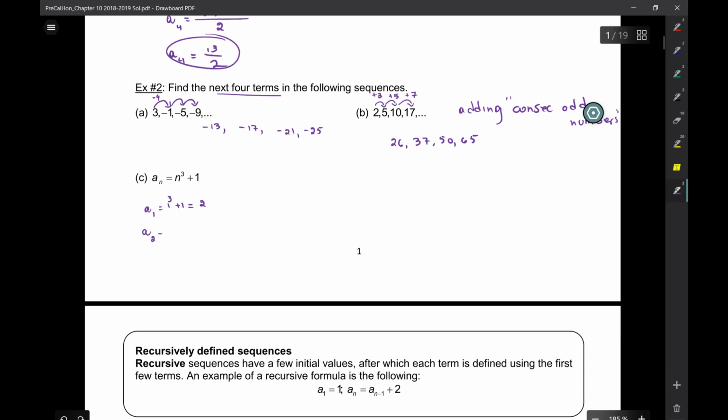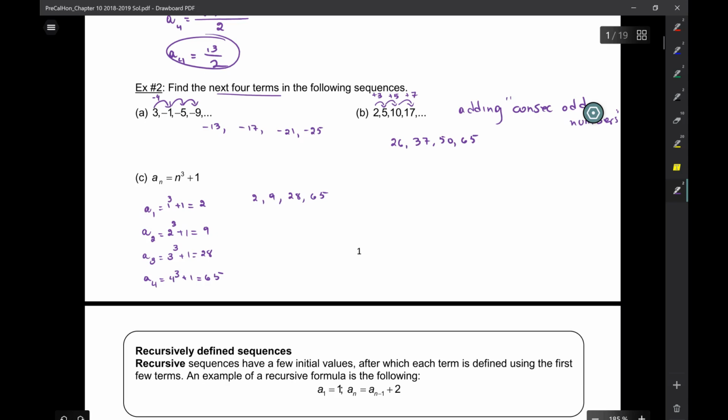A sub 2, now n is 2, I plug 2 in, and I get 9. A sub 3, now n is 3, so 3 cubed plus 1. And then 4 cubed plus 1 is 65. So the next 4 terms are 2, 9, 28, 65.